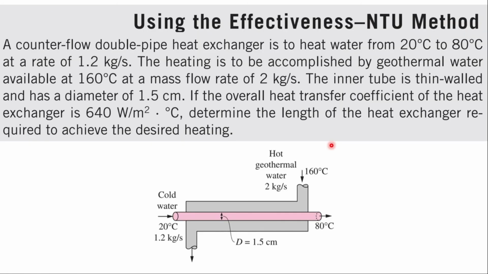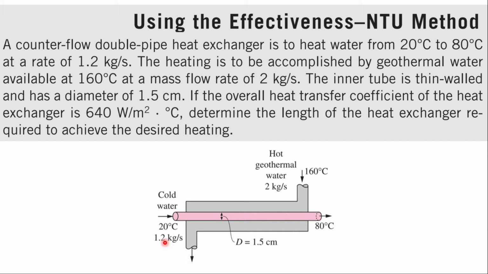So let's have a look at the same problem that I have explained in the previous slides. We have the counter current flow heat exchanger, where the inlet of the cold fluid stream is at 20 degrees centigrade and the outlet is 80 degrees centigrade, and the inlet of the hot fluid stream is at 160 degrees centigrade and the outlet temperature is not given.